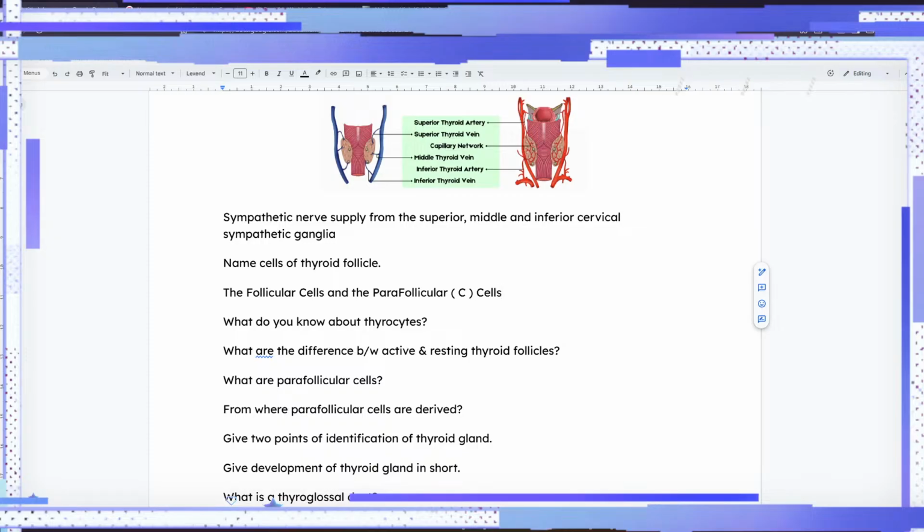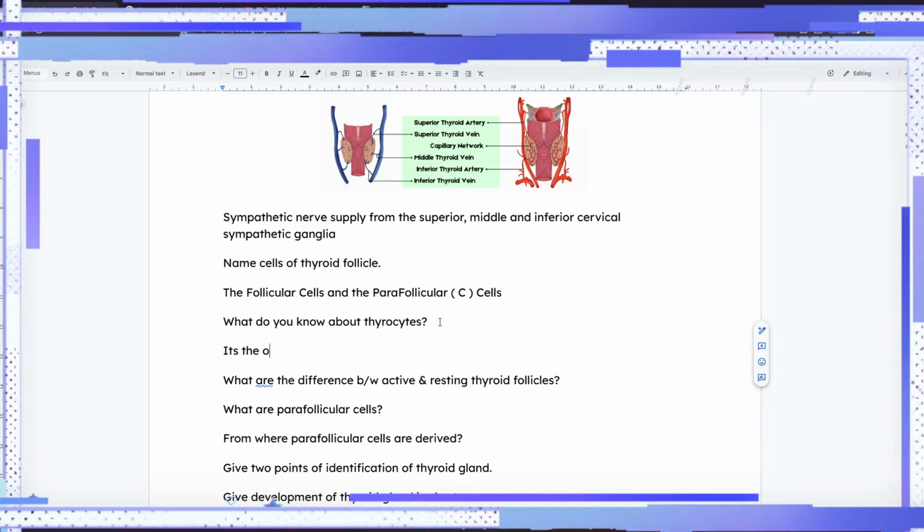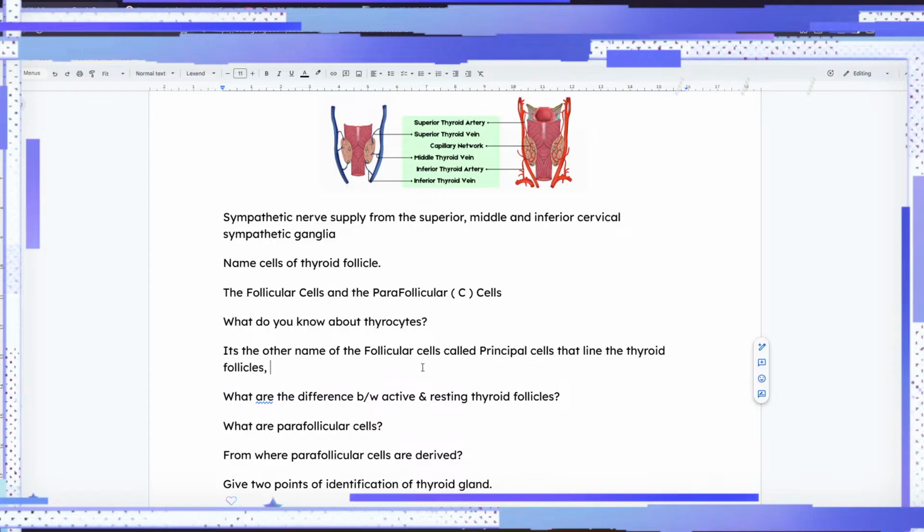What do you know about thyrocytes? They are the cells that cover it, the other name of the follicular cells, also called principal cells, that line the thyroid follicles.